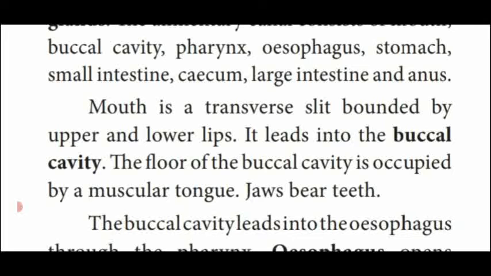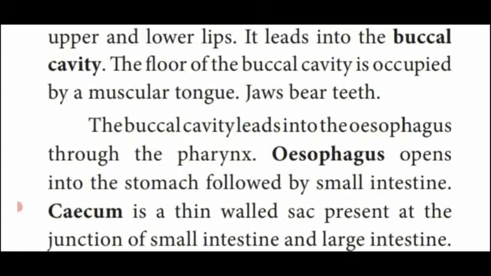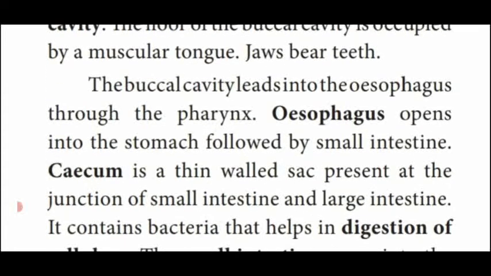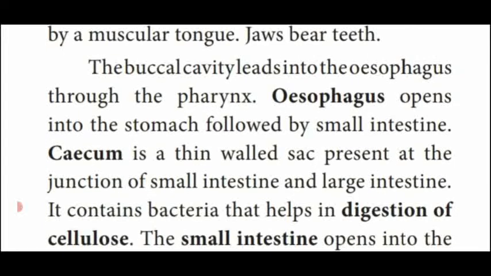In that mouth region, they have a small muscular tongue. Both upper jaw and lower jaw have teeth. The buccal cavity leads into the esophagus through the pharynx. Then this esophagus opens into the stomach region, followed by the small intestine.